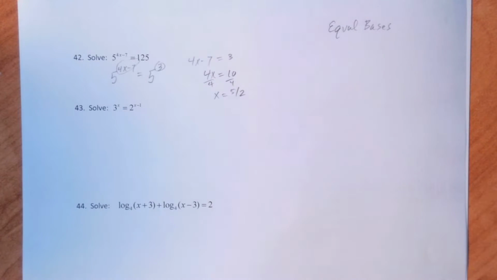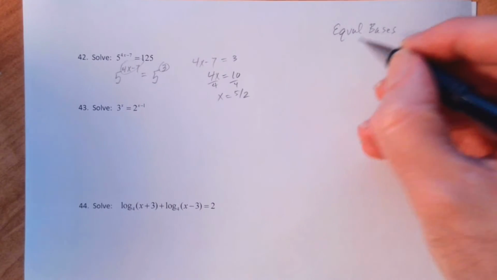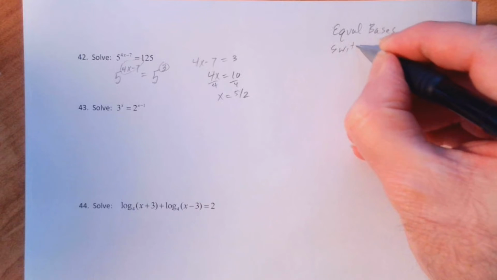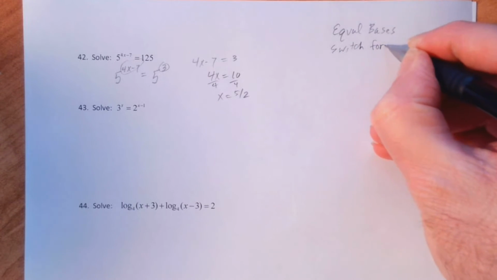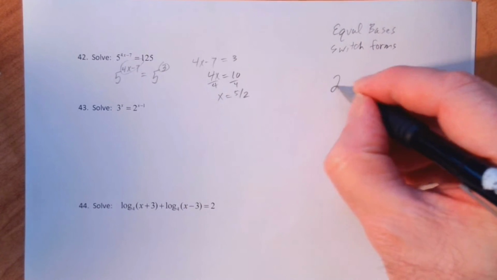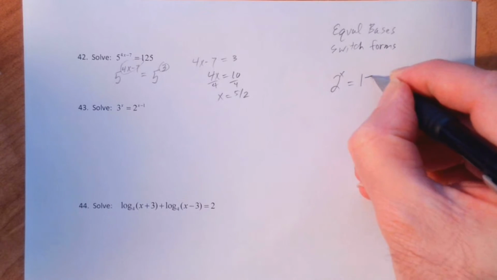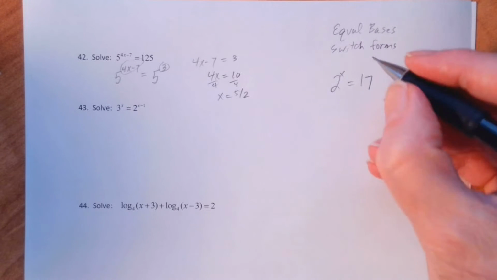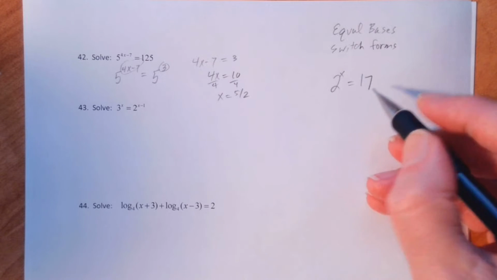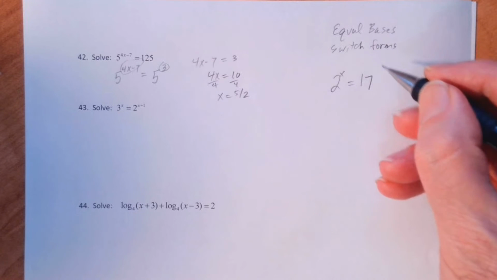Now we don't have one of these right here, but the other main technique we used was where we switch forms. That was if you had something like 2 to the x power equals 17. You can't write 17 as 2 to a power, so what we do is we switch forms.